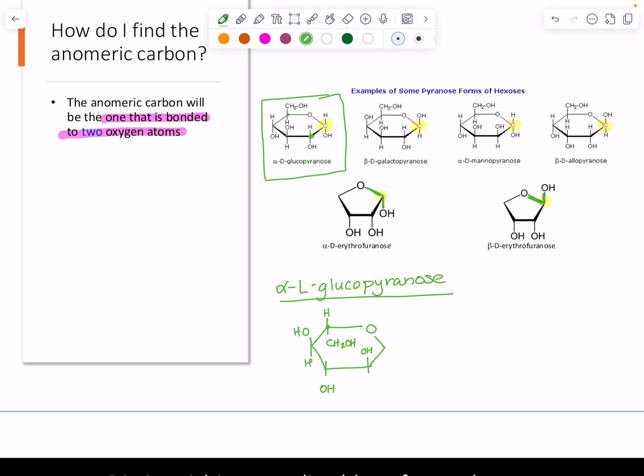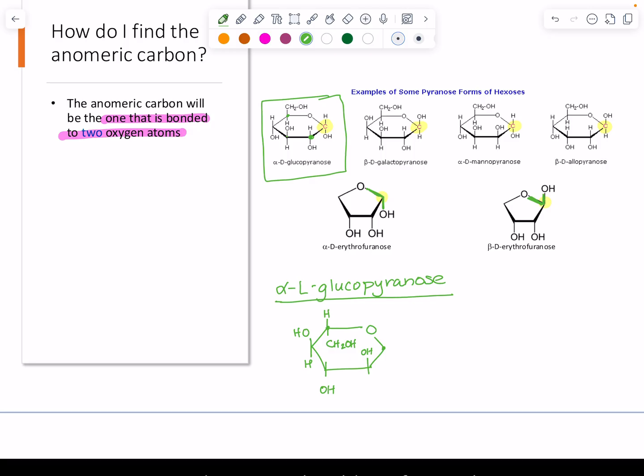Now, let's go back and place our anomeric hydroxyl. So we said that alpha is going to have things trans to that carbon 6. So I'm going to have that up here. And that will also follow my rule, that in my mirror image molecule, every single stereocenter is switched. So that's what L-glucopyranose is going to look like.